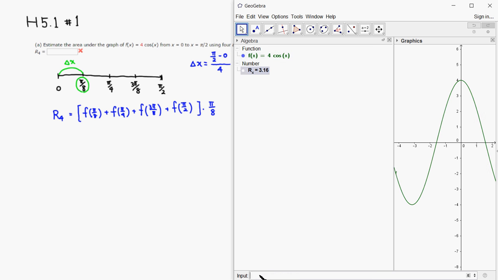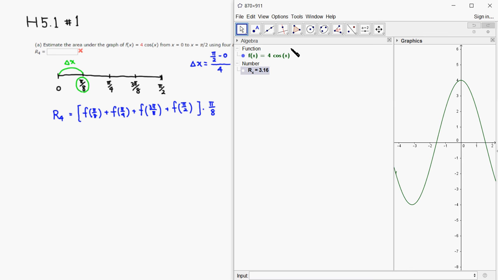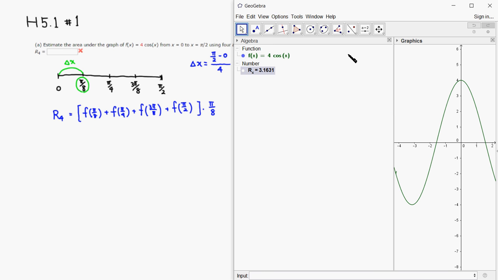Then hit enter. We need 4 decimal places, so we go to options and rounding, and choose 4 decimal places. So we got 3.1631.